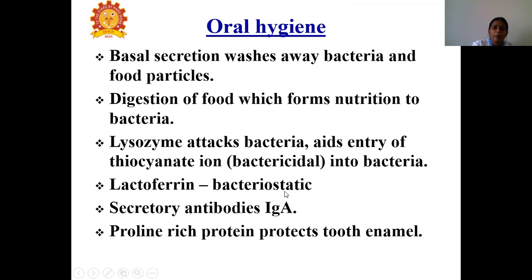Lactoferrin acts as a bacteriostatic, and secretory antibodies, IgA, help in the immune mechanism. Proline-rich proteins protect the tooth enamel.